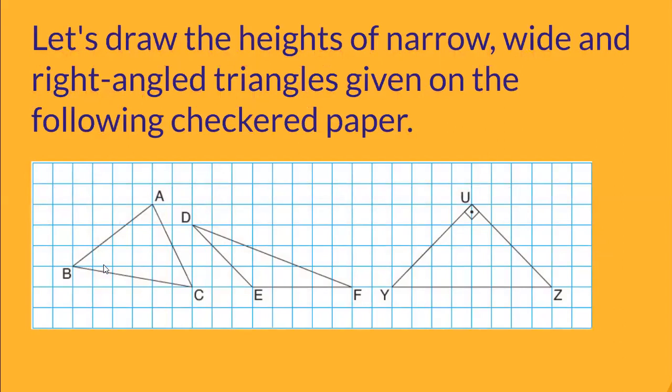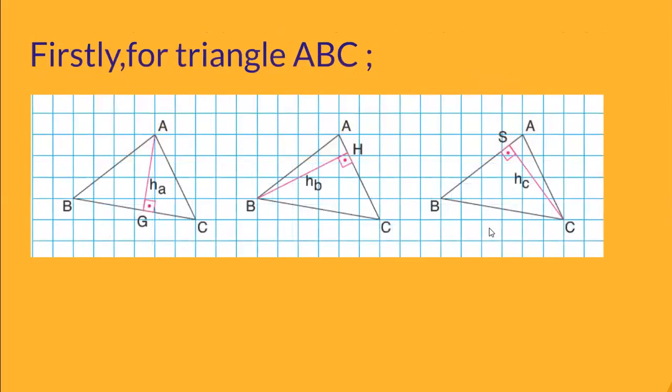Okay, let's draw the heights of narrow, wide, and right angle triangles given on the following checkered paper. This triangle is narrow, this triangle is wide, and this triangle is right angle triangle. Firstly, for triangle ABC, can you see? There are three types of heights in this triangle.